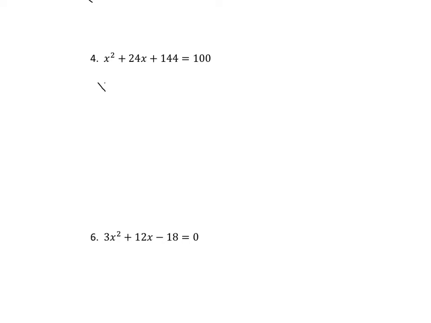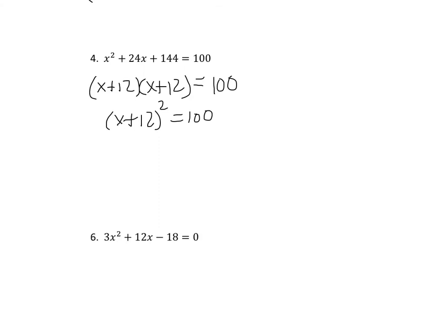So here we have x plus 12 and x plus 12, because it multiplies to 144 and adds to 24, equals 100. Well, that's the quantity x plus 12 squared. So you get the square root: x plus 12 equals plus or minus 10.